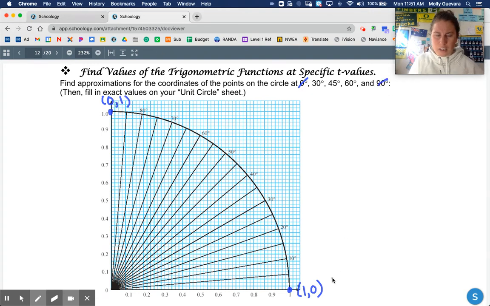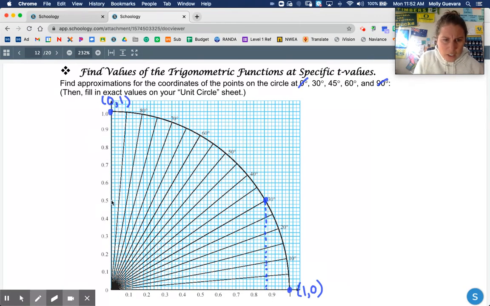I'm just crossing them off as I do them. Those two should be pretty straightforward and easy. Again, the radius is 1. Now let's do some other ones. Let's do this guy right here at 30 degrees. It's really hard for me to tell what that is.